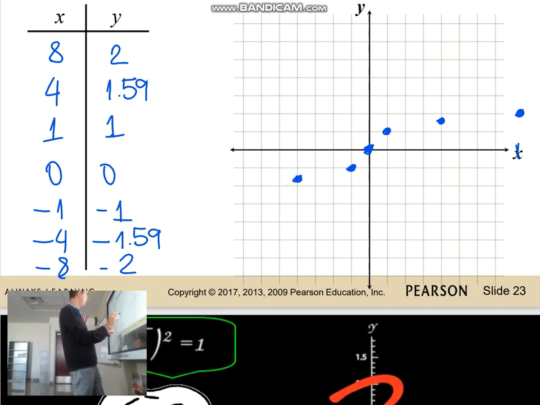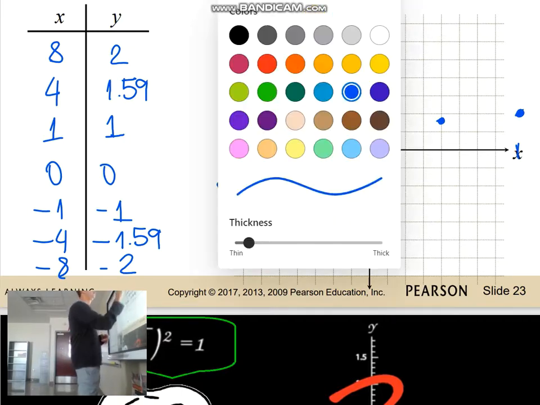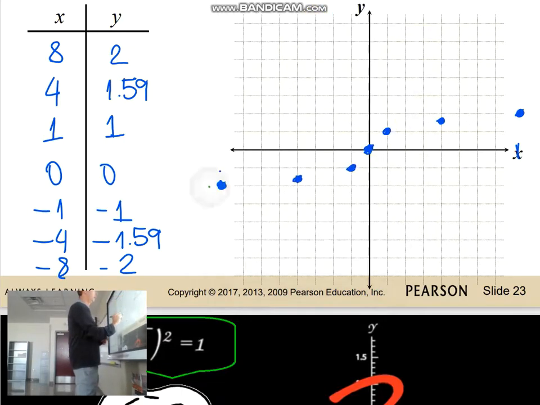And x equals negative 8, y equals negative 2. 8 is going to be 1, 2, 3, 4, 5, somewhere. All right, connect all the points, and this is going to be the graph.